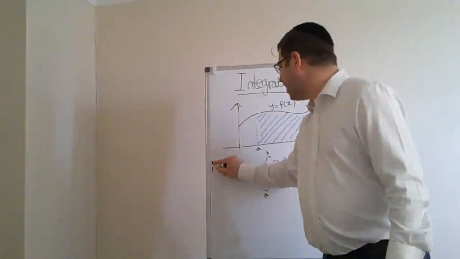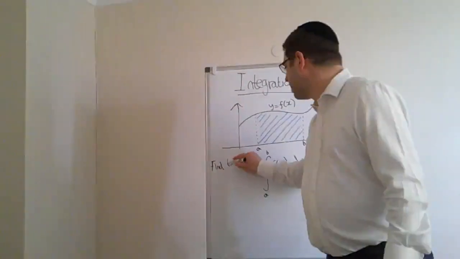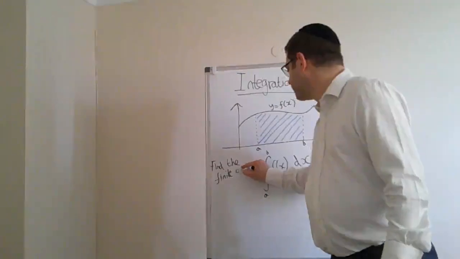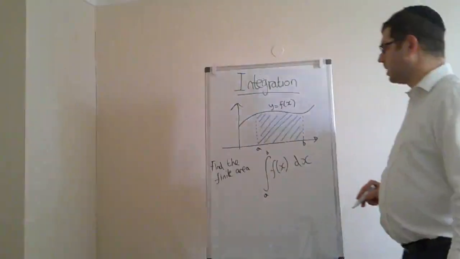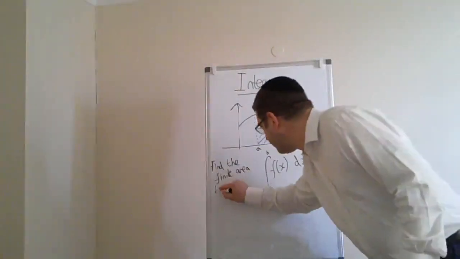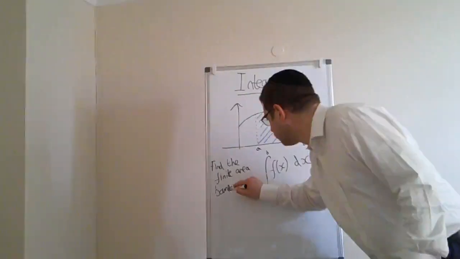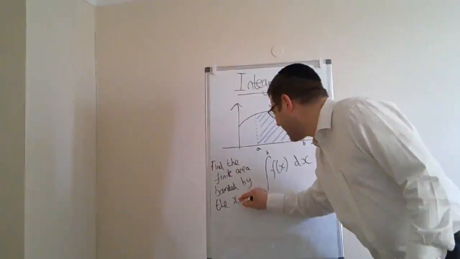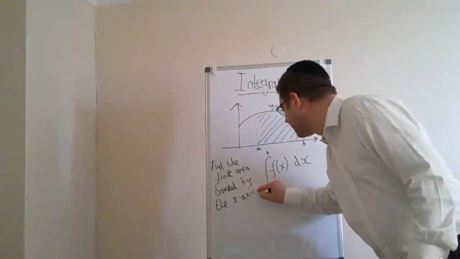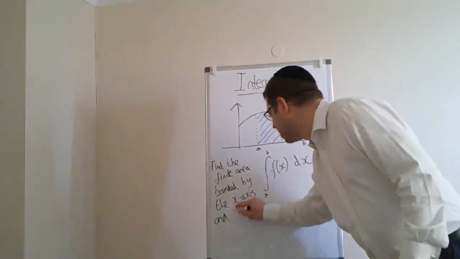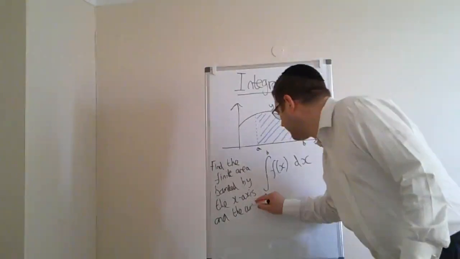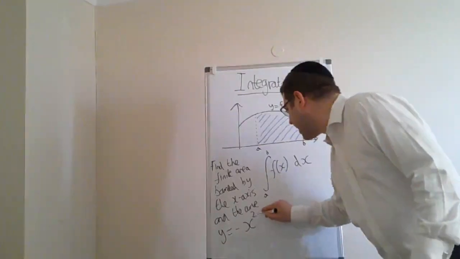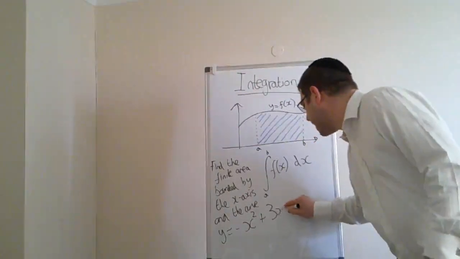I'd like you to find the finite area bounded by the x-axis and the curve y equals minus x squared plus 3x.